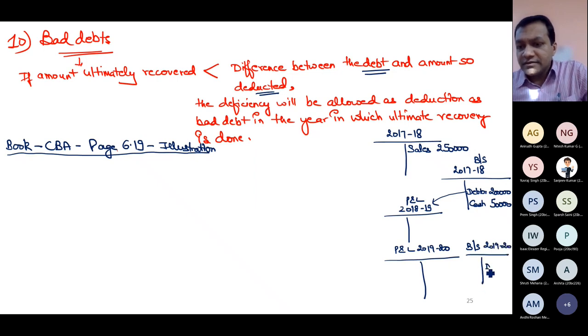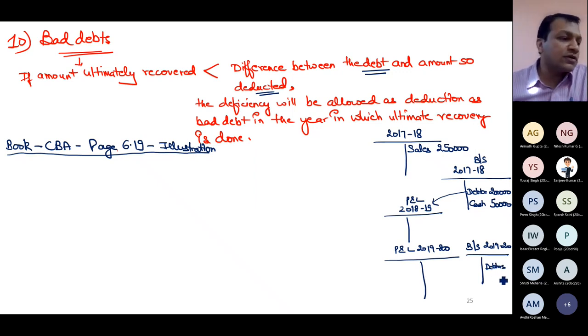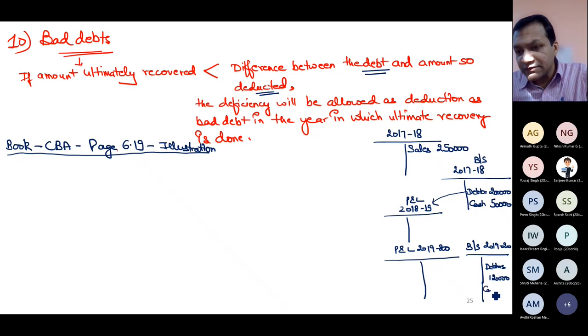My debtor, rather than 2 lakh, has become how much? Can you tell me how much? 1,20,000, because I received 80,000 cash. So debtor balance has remained only 120.